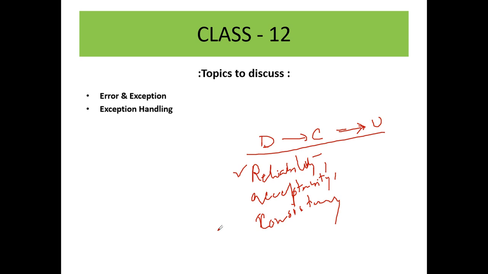So if the user finds my application reliable and consistent, then naturally the acceptability of the application will increase. So to the user the application is going to be acceptable. Now when the user is getting an acceptable application from the developer, the user will consider the same developer in future projects.